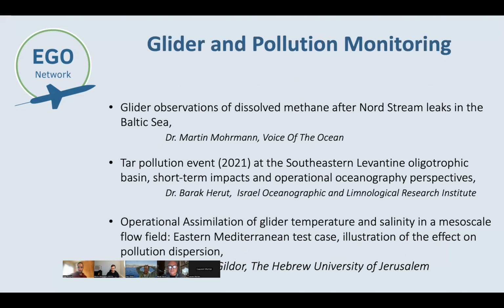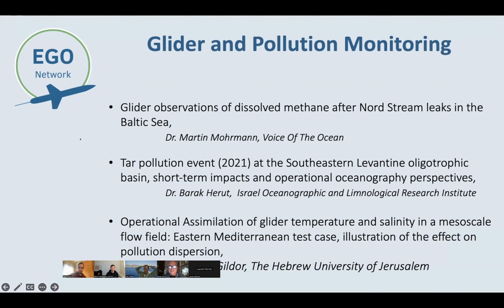So today we have 3 presentations. The first one is from Martin from Voto, about glider observations of dissolved methane after Nord Stream leaks in the Baltic Sea. The second one is from Barak Erut from the Israel Oceanographic and Limnological Research Institute on tar pollution events in 2021 at the southeastern Levantine oligotrophic basin, with the short-term impacts and operational oceanography perspectives.